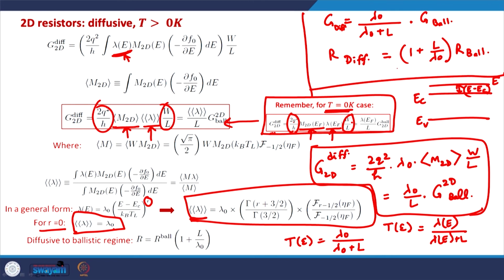These calculations of ballistic conductance and resistance at room temperature we have already done, so these calculations can be done similarly.